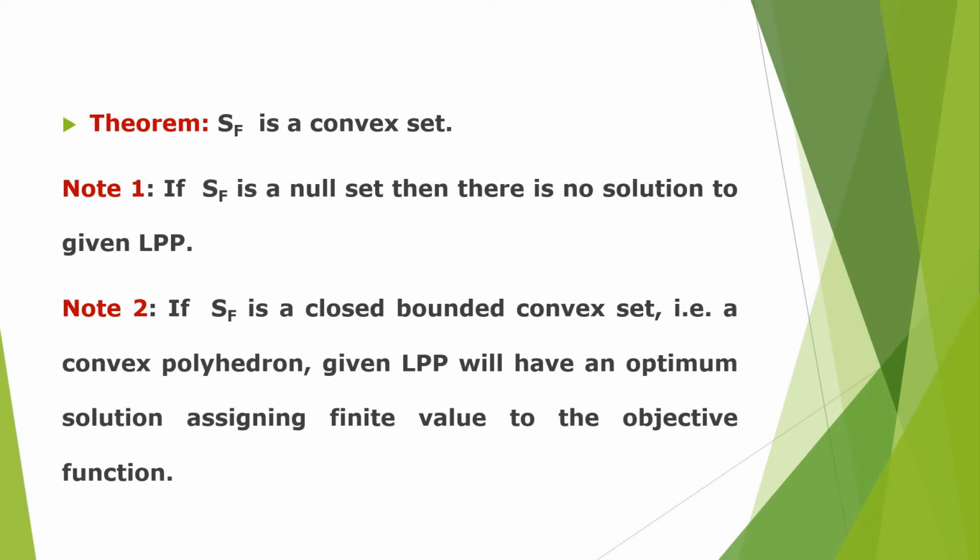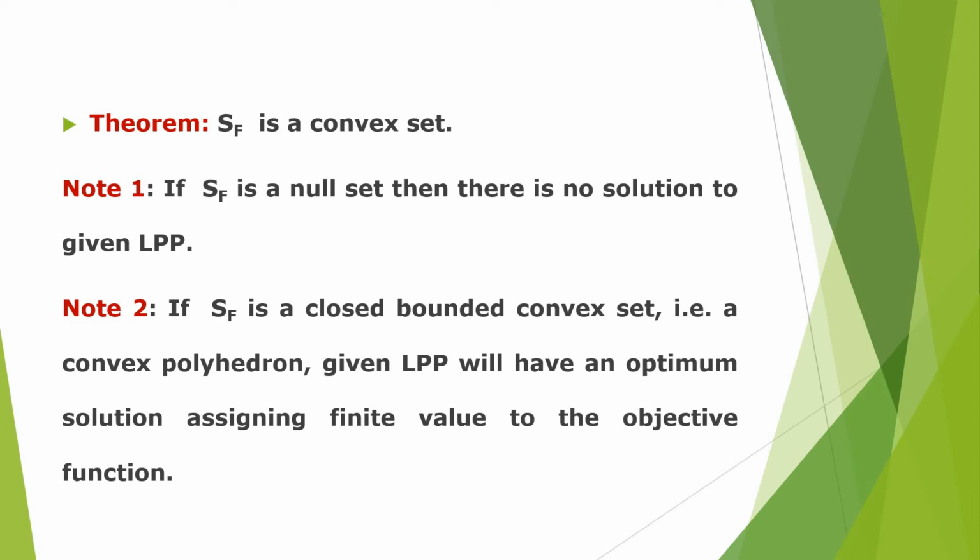Convex set means if you have 2 points and join them by a straight line, all the points on the line will satisfy the condition. So here SF, the set of all feasible solutions, will turn out to be convex. If SF is a null set, then there is no solution to the given LPP.